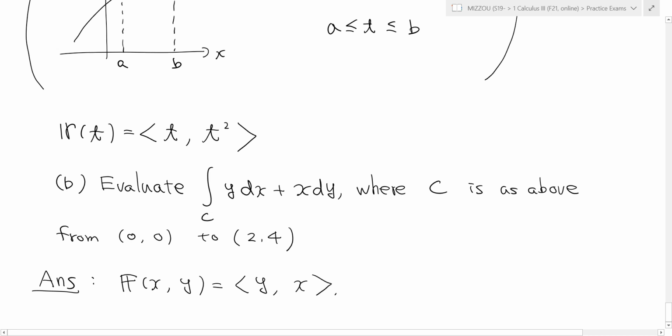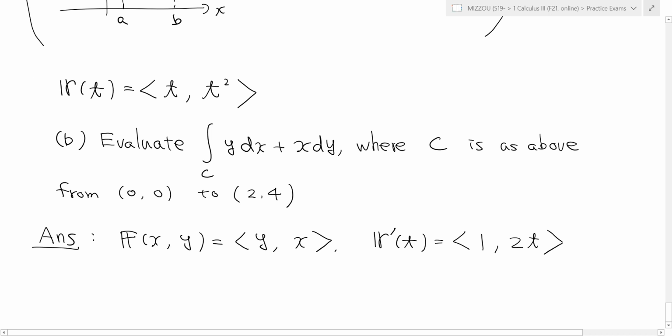And for this, first you parameterize the curve, but we know how to do it. It's already given here. And then what you do is to compute the derivative. So you differentiate component by component, like this. And then what you do is to compute F of r of t.